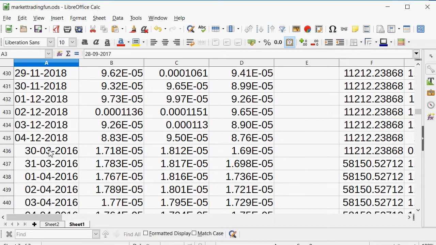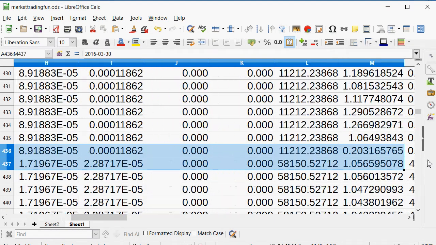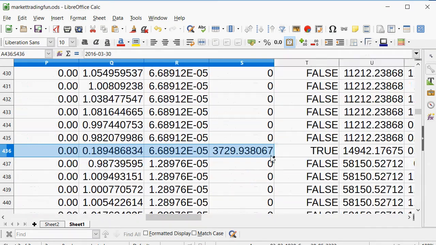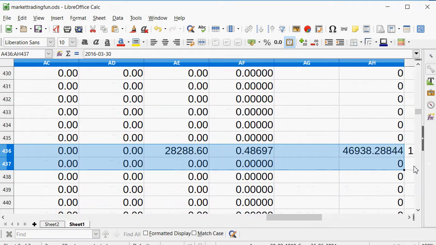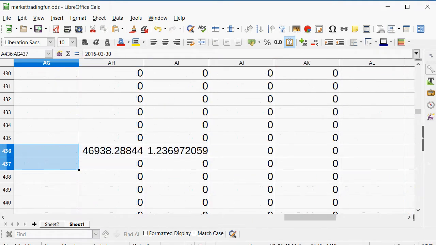Okay, so here we go. I'm going to remove everything in here, and I'll explain these columns in a bit.